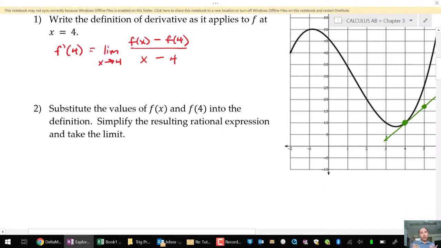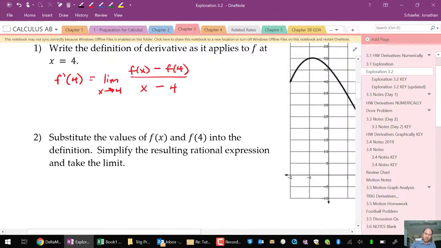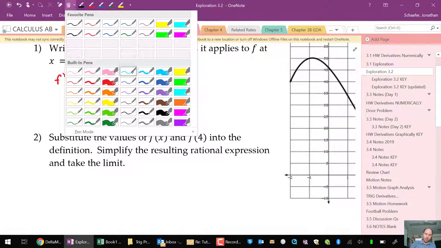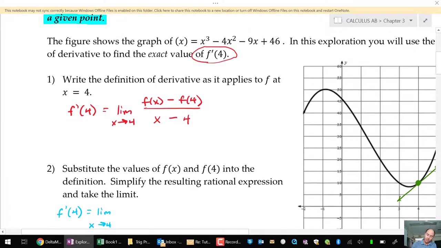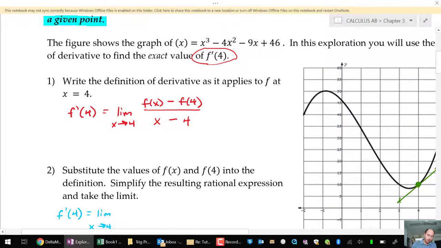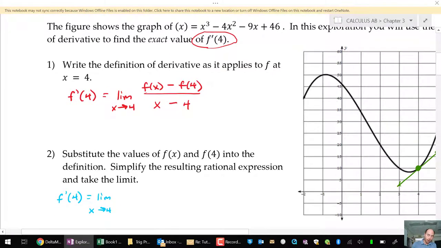And now we're going to get creative and use some algebra to solve this limit expression and see what this becomes. f prime of 4 is equal to the limit as x approaches 4 of f of x, and that f of x is x cubed minus 4x squared minus 9x plus 46. But I'm going to do sort of 2 steps in one right here.